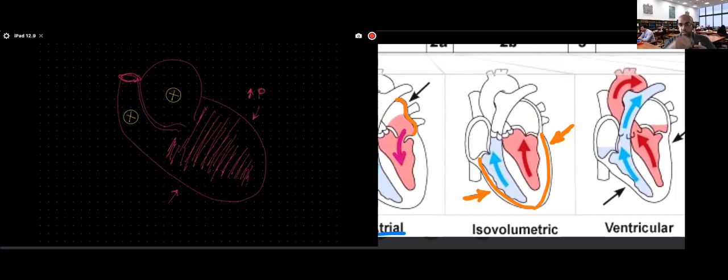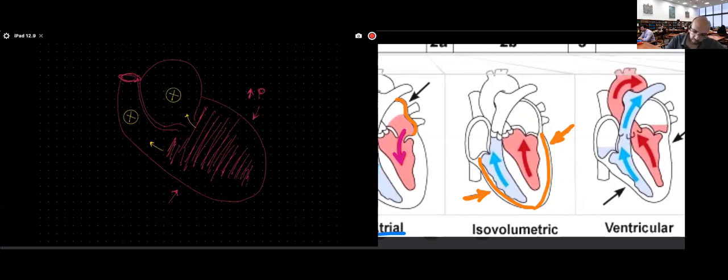If we're looking at the right side, this is going to be the right atrium and the pulmonary trunk. So here I have created higher pressure of blood in my left ventricle. So the blood is going to be trying to move backwards to the atrium and forwards to the aorta. It's going to be trying to do both at the same time.